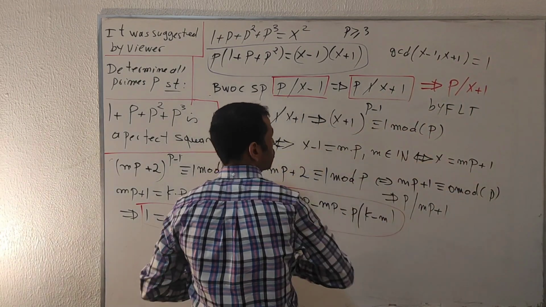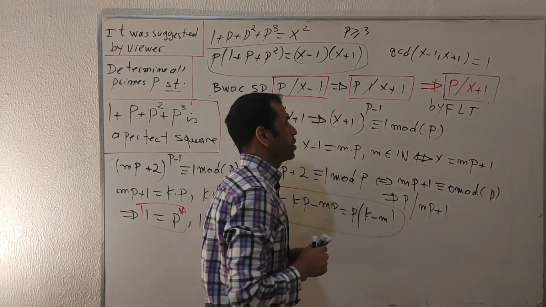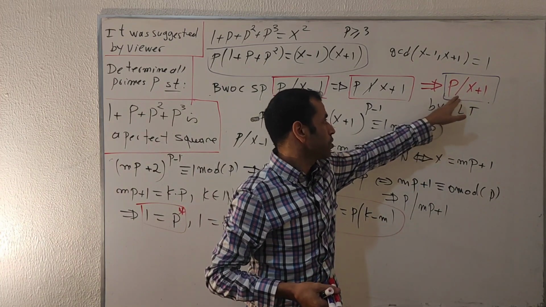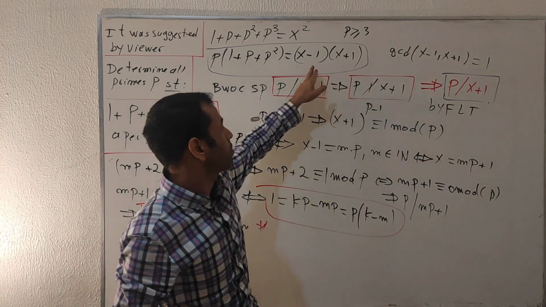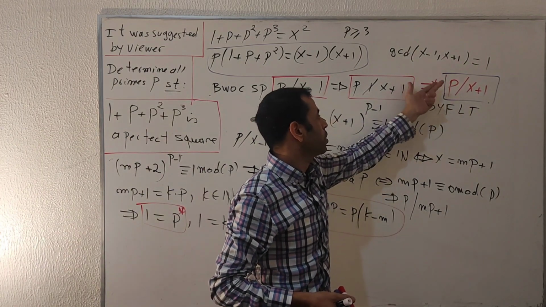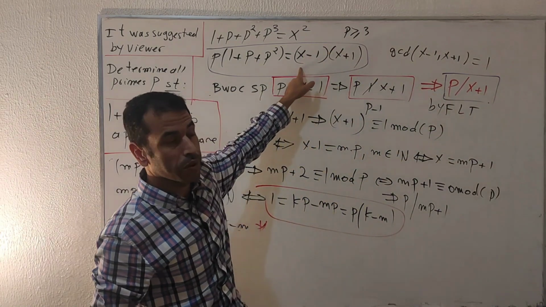I'm going to put this one in the purple box here. So we are going to work on these facts, okay? At the same time, p does not divide x minus 1 because of the GCD equals 1. Both terms equal 1, which means if p divides this one, then p cannot divide x minus 1.